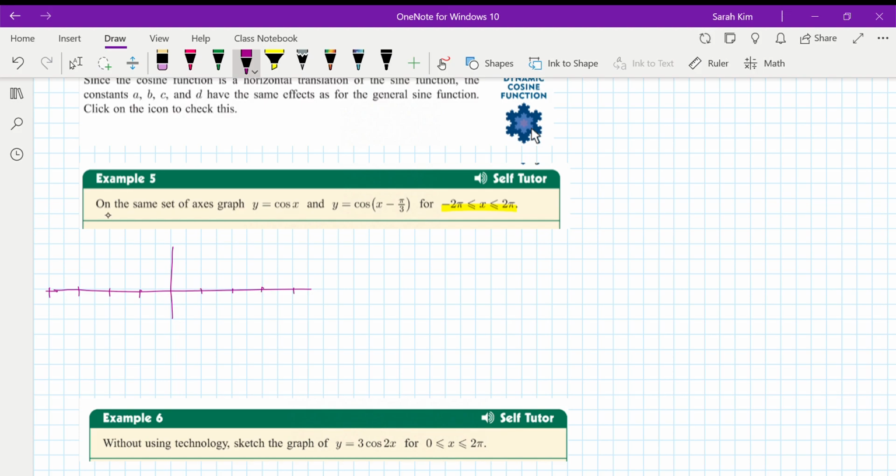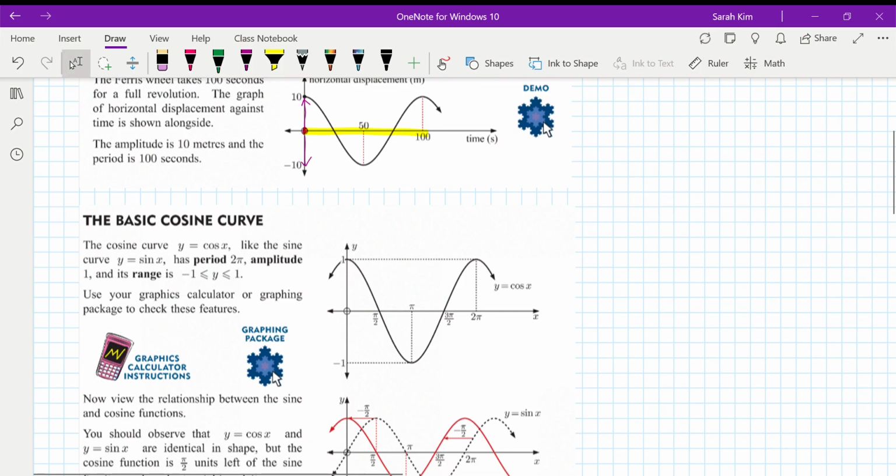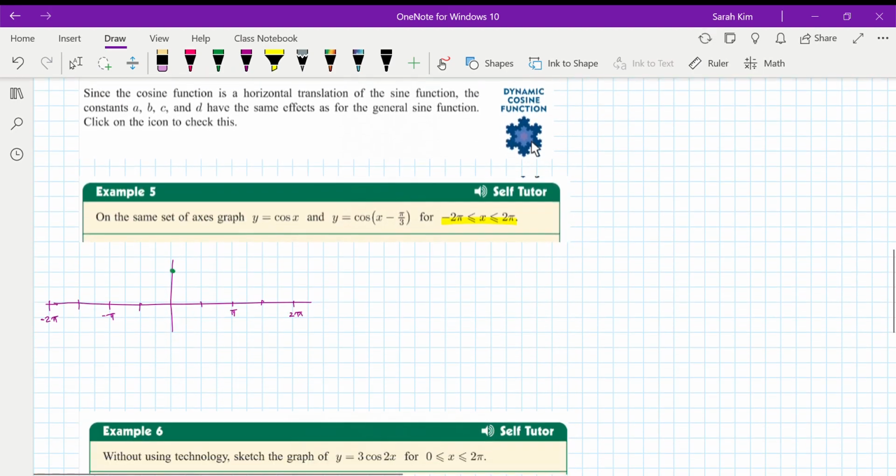So it's minus pi, minus 2 pi, 2 pi. I start over here, and let's just double check. Our regular cosine graph has a minimum at pi and then goes back up at 2 pi, so that's what we're going to draw. I'm going to draw the first one, and then copy it over to the left-hand side.